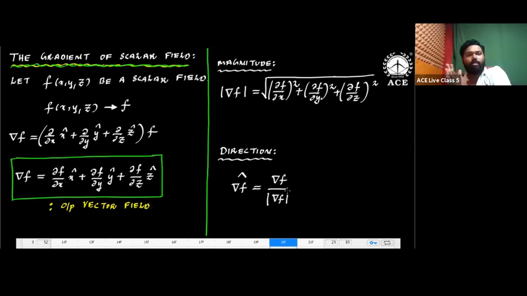Okay, let us try to have the physical interpretation of this one. What is this gradient indicating? It is performed on the scalar, but the output is a vector. What does that mean? Suppose let us take the temperature. Temperature by nature is a scalar quantity, isn't it?